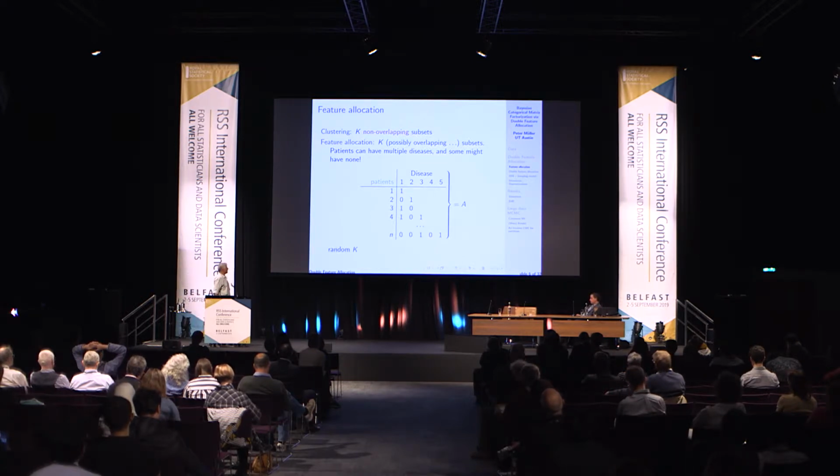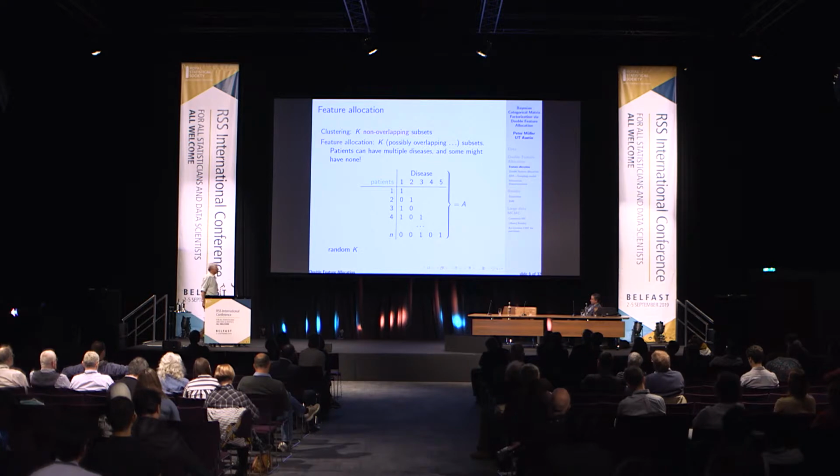And so on, down to the last patient. The last patient does not pick up the first disease, does not pick up the second disease, but has one more new disease, disease number 5 here. In the end, I have now represented my family of random subsets. In this case, we have 5 random subsets.